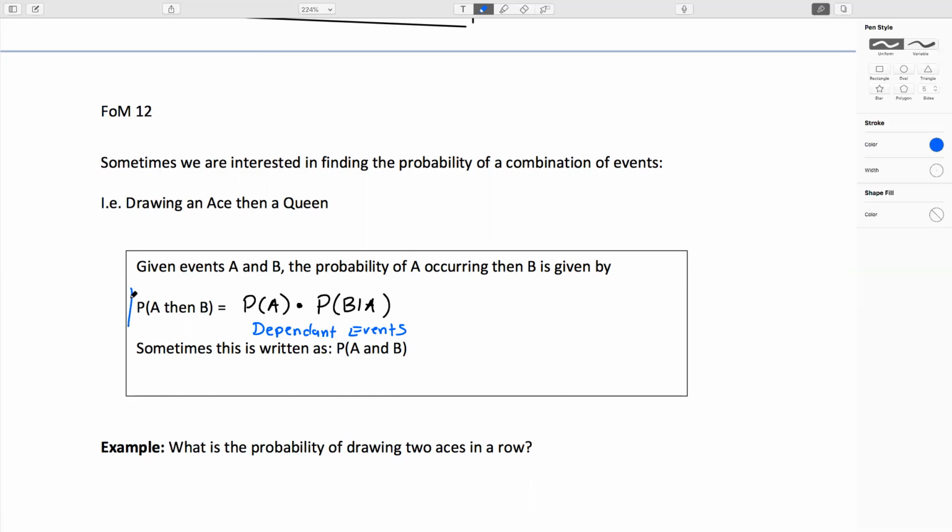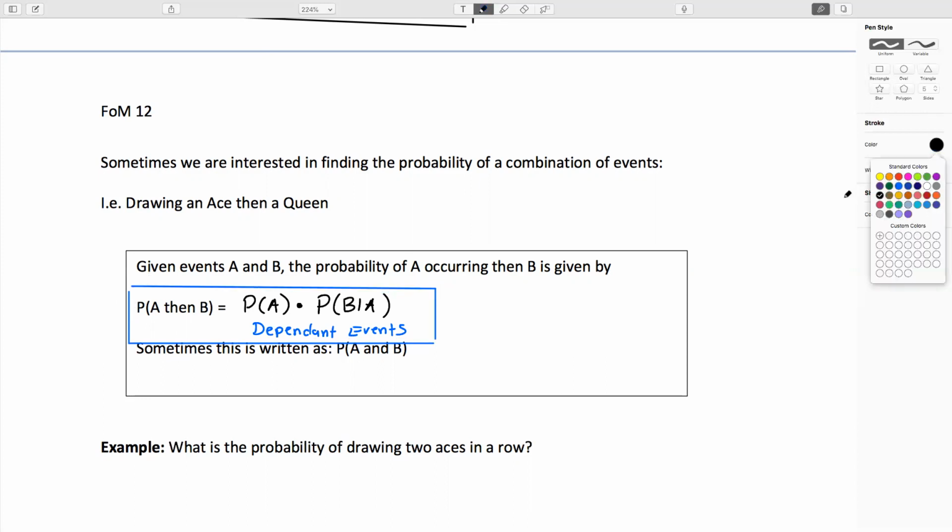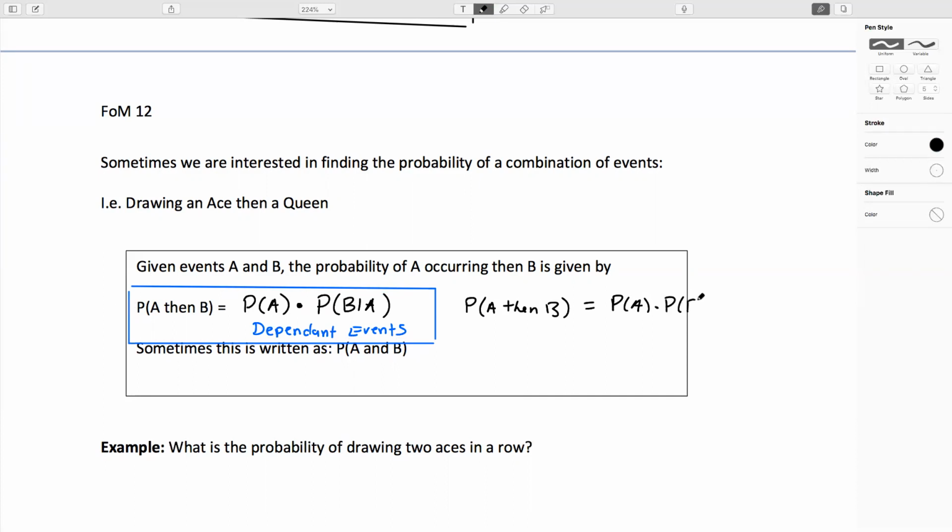All right, so I'm going to write 2 formulas here, and I'm going to separate them because I really don't want these to get fused together. The other situation is if we're talking independent events, probability of A then B. If they're independent, it's simply probability of A times the probability of B. And that is it.